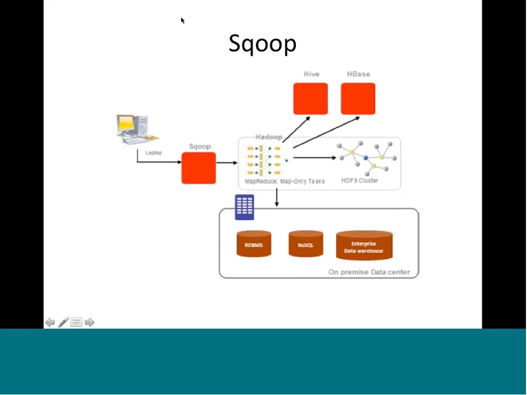Now, once it is there in the Hadoop layer, I can use Hive and HBase or Pig in order to do analytics. Analytics is a very broad topic, and analytics can be done using Cosmos. Analytics can be done using Hive also.